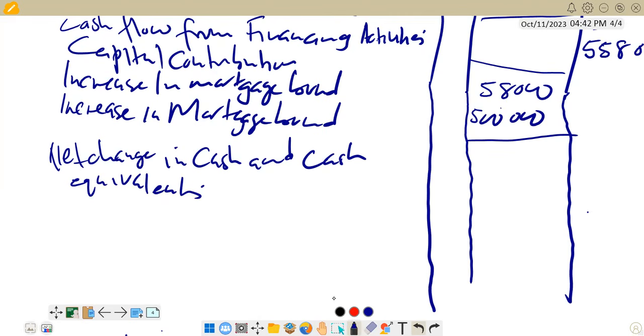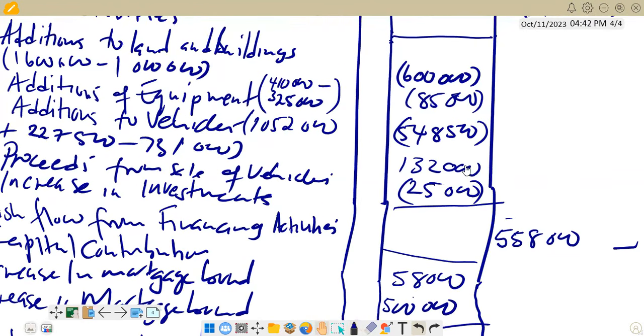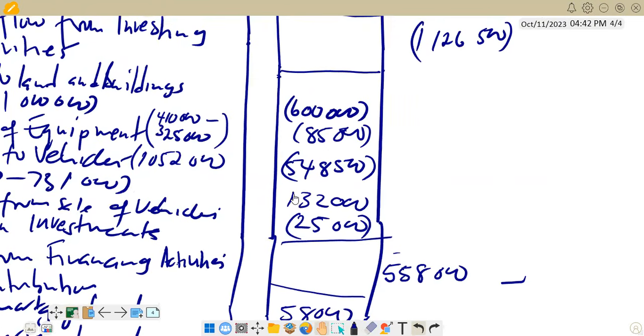So to get that figure, we are just going to use the figures that we got for all three. Because we remember we started from operating, we found a net figure. Then also for investing, a net figure. Then for financing, lastly, we also got a net figure.